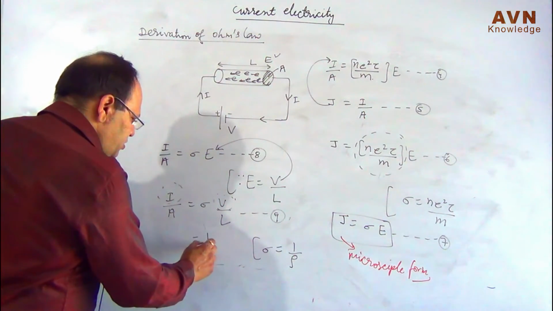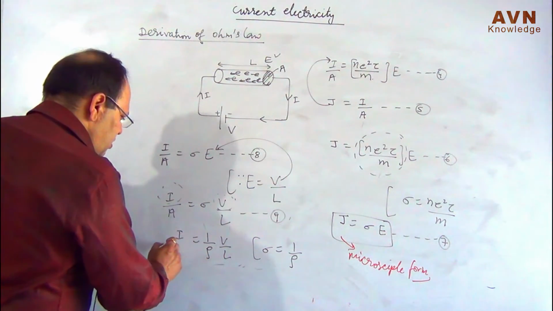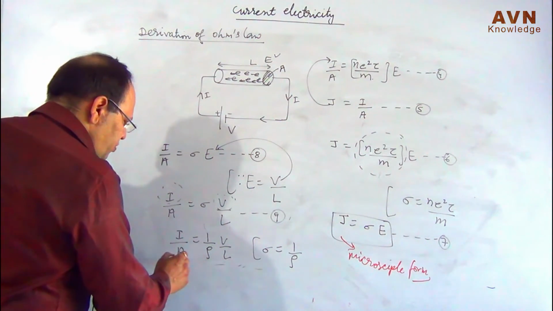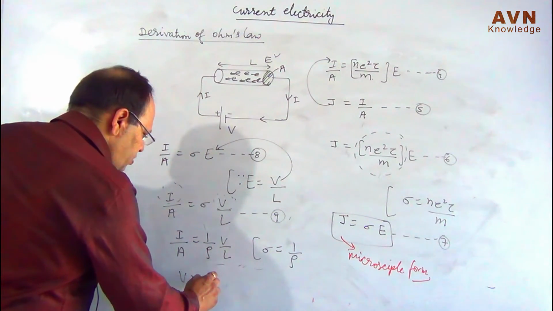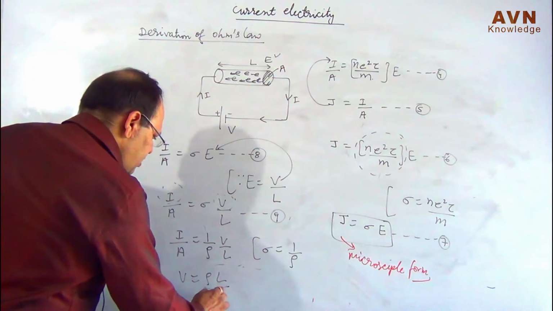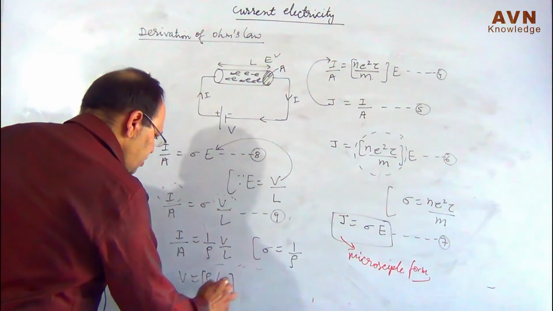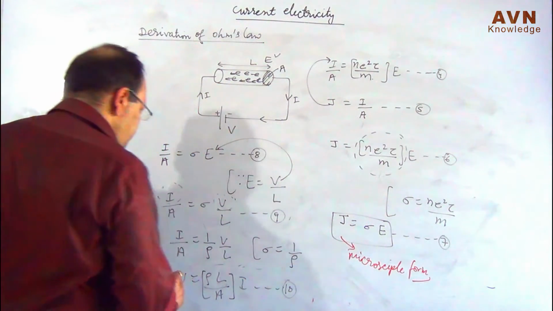When you put sigma, V upon L and I upon A, you can solve: V equals rho L upon A into I. This is equation 10.